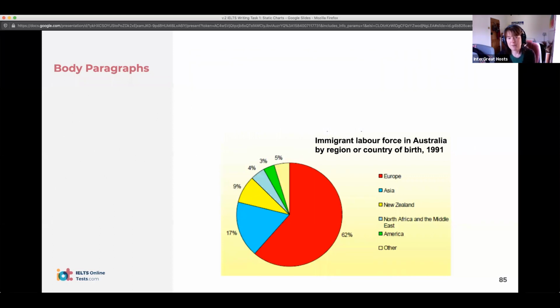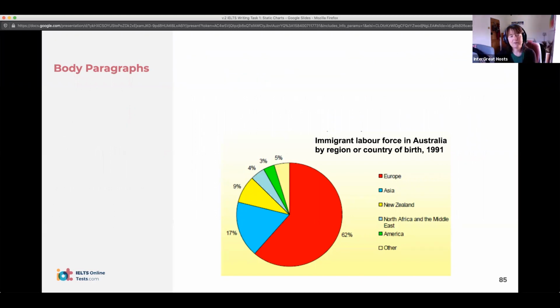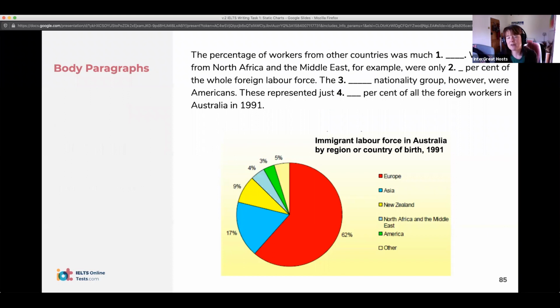So first paragraph, looking at the biggest numbers, and we're linking together those numbers by going from the highest down. Then the second body paragraph, we contrast now to the larger numbers. So we can say that the three remaining, good, was much smaller.